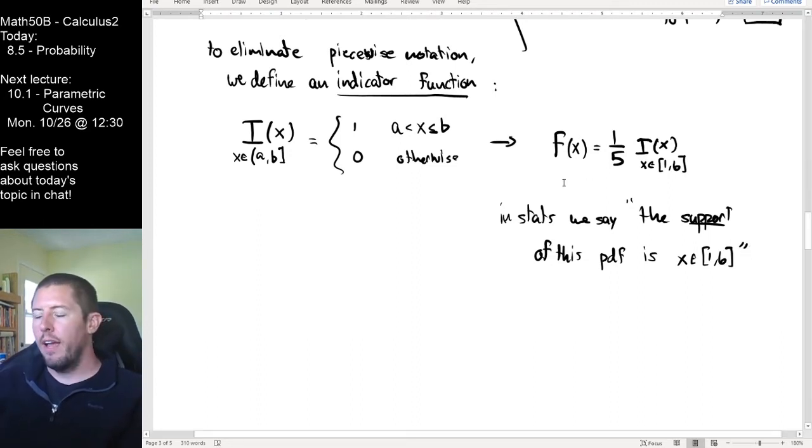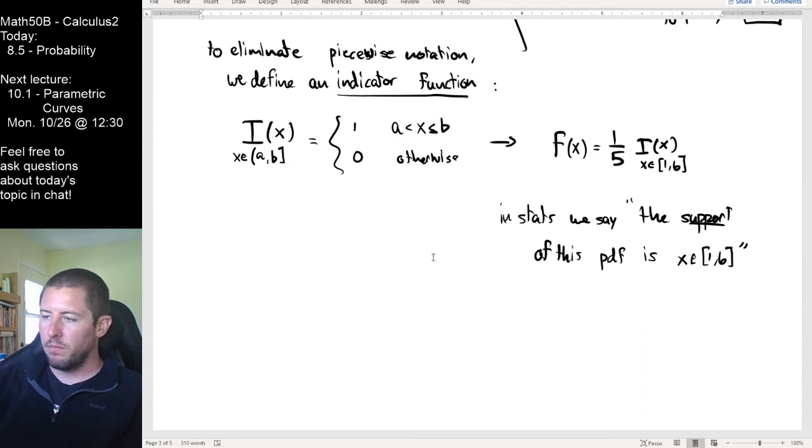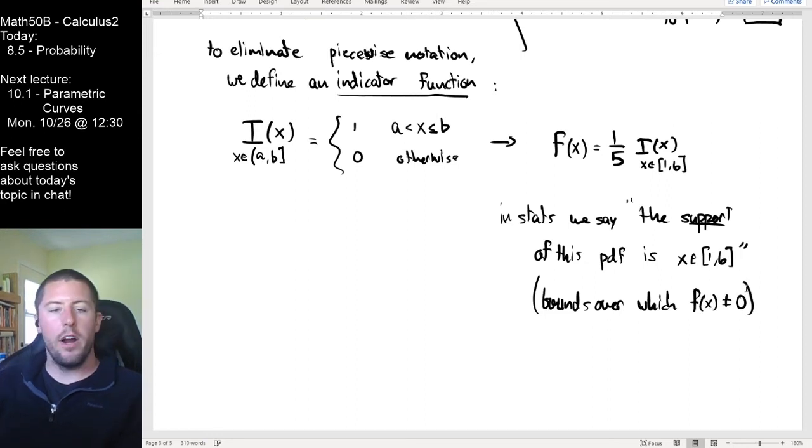That's just a word right there. And again, I'm going to give you guys way more vocab than I care for you to legitimately carry with you. But that's just because we're here to get our flavor of probability and statistics for today. So I feel like I might as well use all the words that are actually used out there. So the support of a PDF is the bounds over which it's not equal to 0. It's where it's defined.